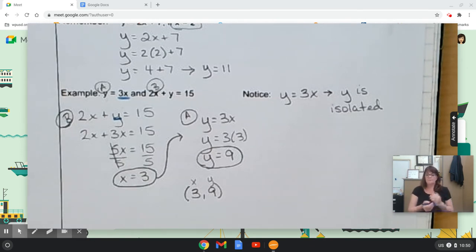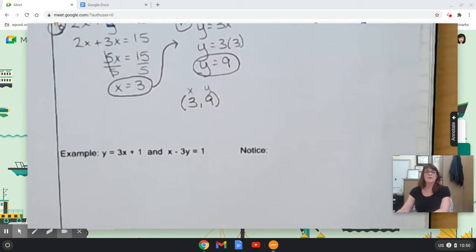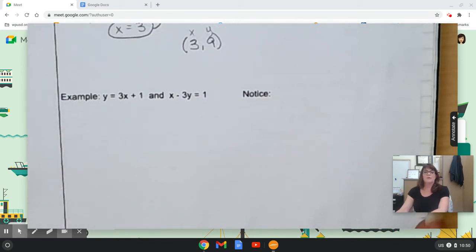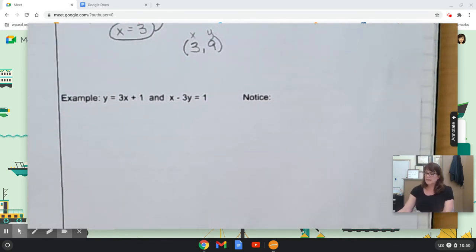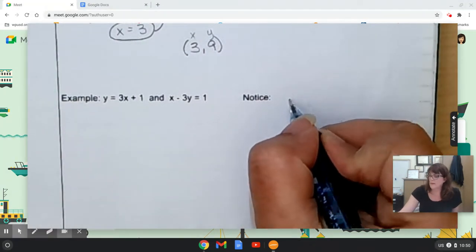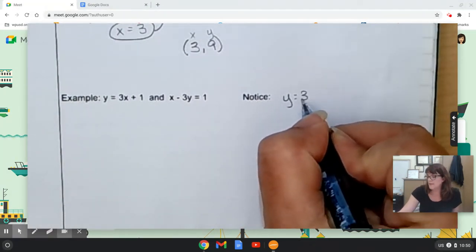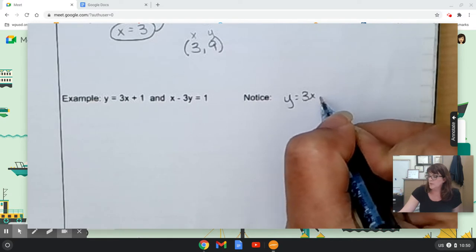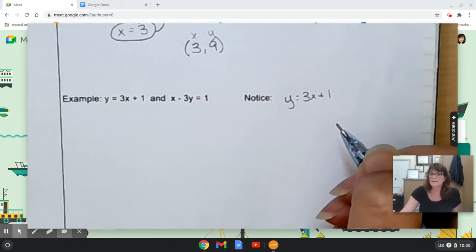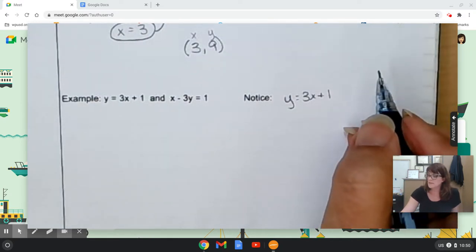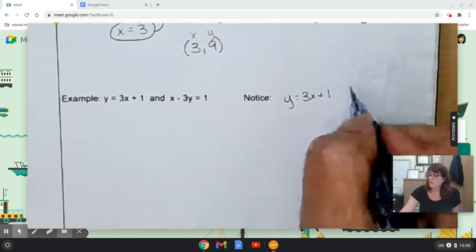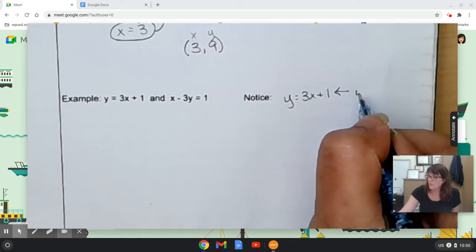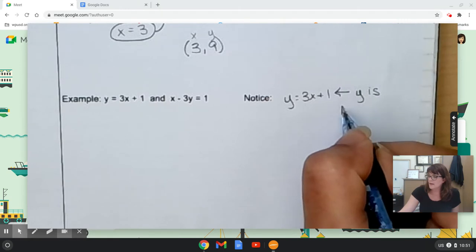All right, let's try another one that's got an extra step in it. It's not complicated, but an extra step. Okay, once again, I'm going to notice that in y equals 3x plus 1, oh, we love this format, it's magically fantabulous, y is isolated.